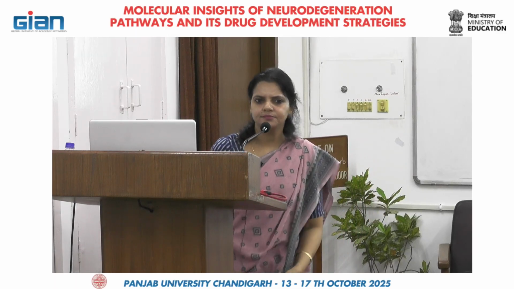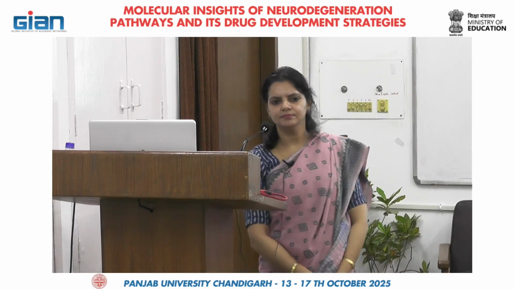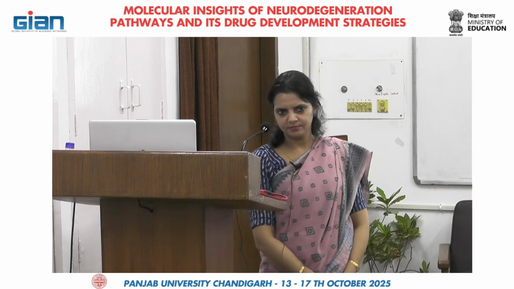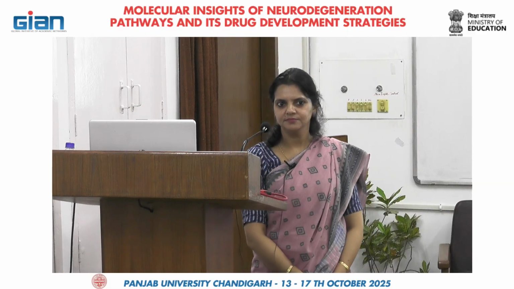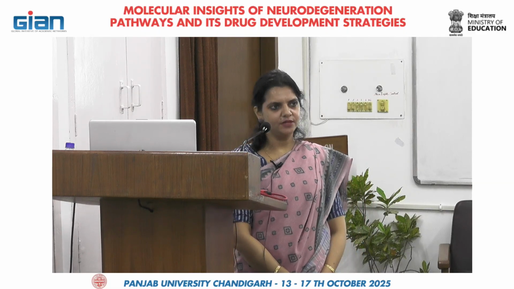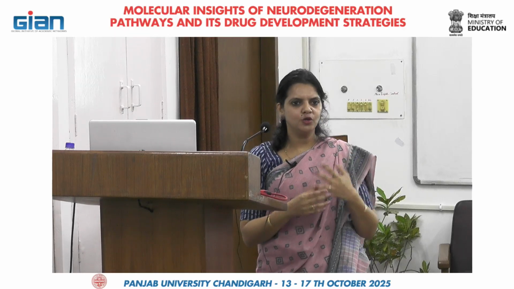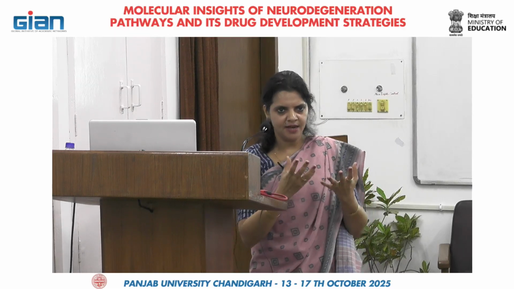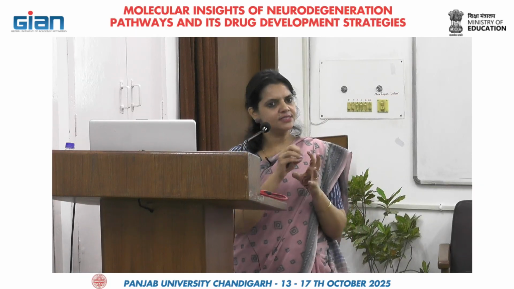How about, for this example, we are targeting aggregation, so aggregates are going to be broken down? Is that what we are looking at, or are we looking at stopping the formation of aggregates? Very good. This is very important. Alan has shown you some drugs, monoclonal antibody-based drugs like Lecanemab. Their mode of action is the same.